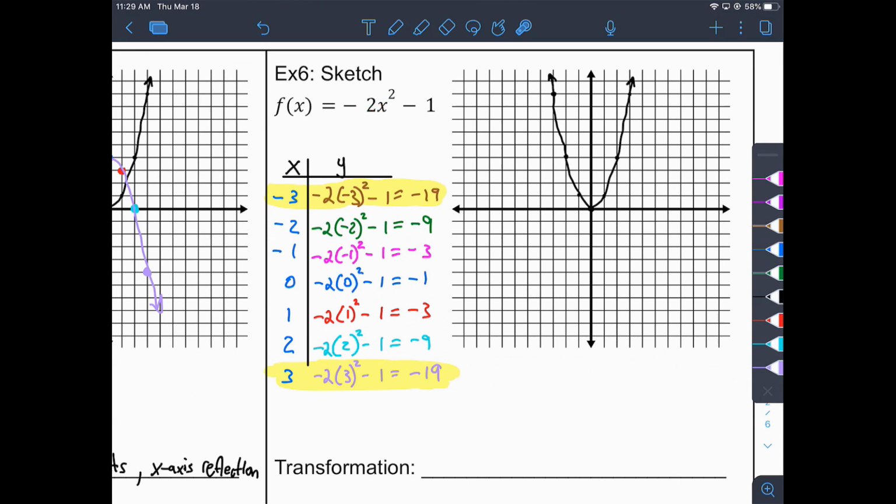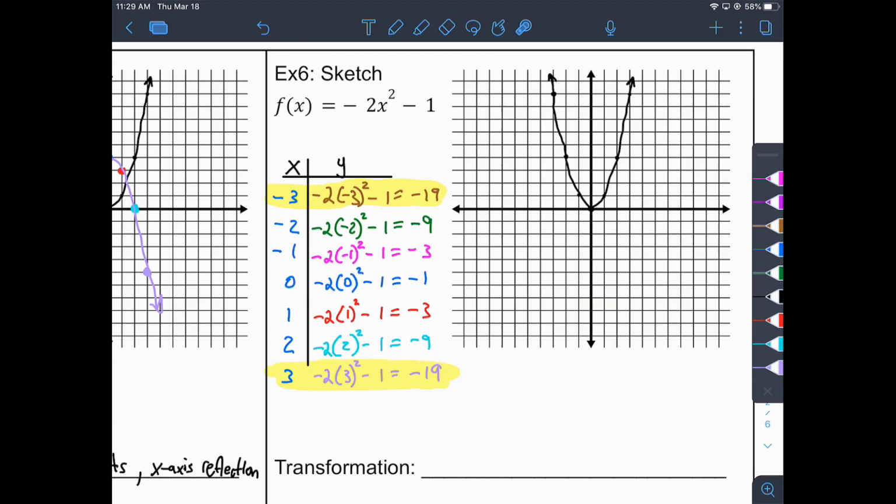Well, think back to how the number sitting in the a position, what effect it had, especially with the last video. If the a value is greater than 1, it was stretching the function. And if it was between 0 and 1, such as 1/2 or 1/4, it was widening, also known as shrinking.